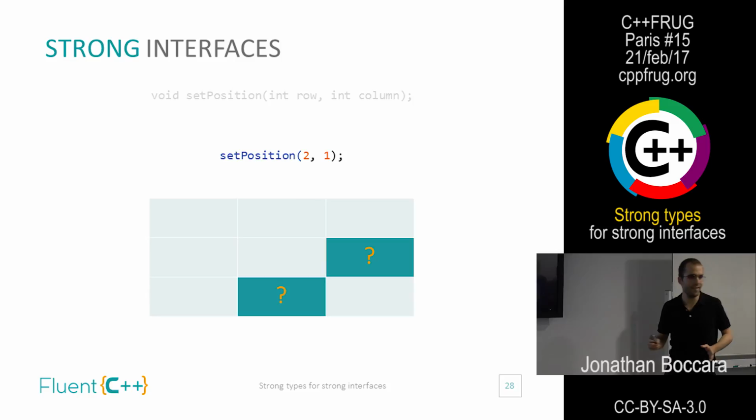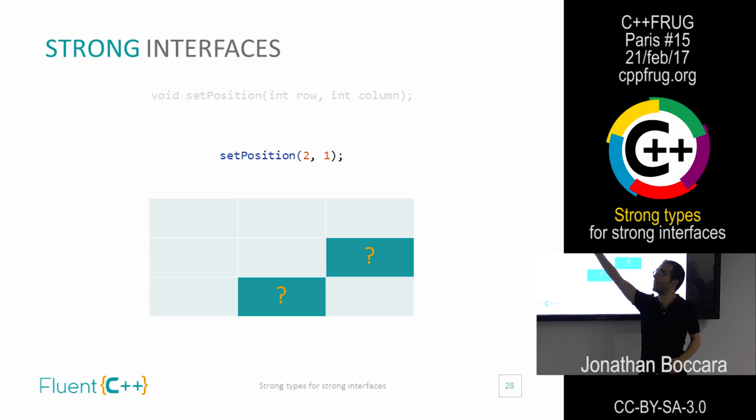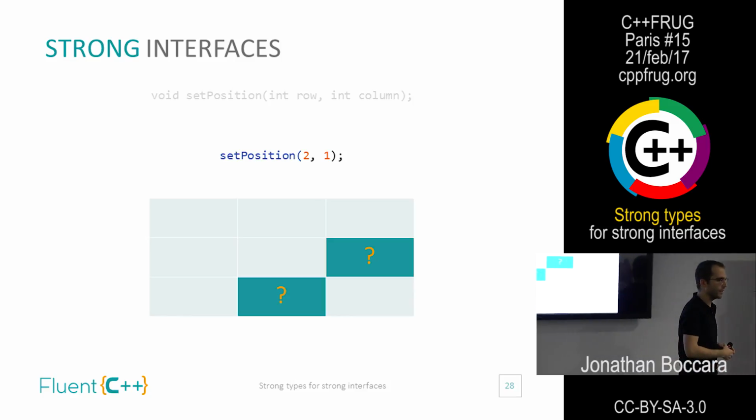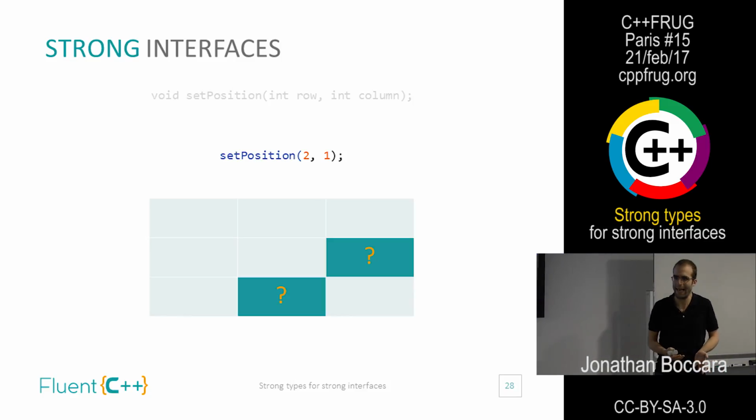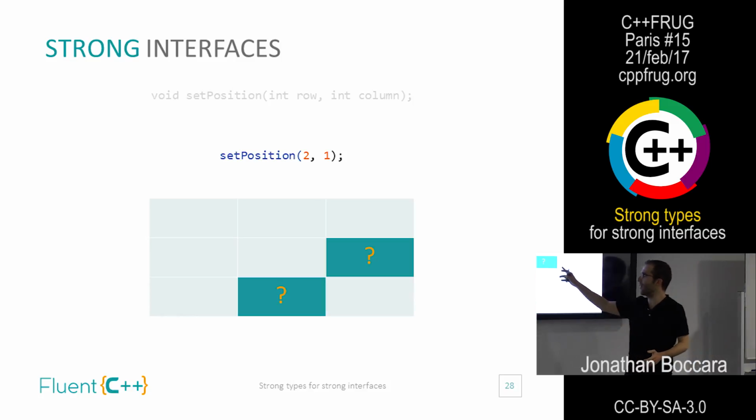I have the declaration somewhere, like in set position, which one's the row, which one's the column. It's somewhere. I can't find it. I can, but sometimes I get that wrong. Like when I write my code, I get that wrong. When I read code like that, I have no idea which one's the row, which one's the column. So I have no clue whether I'm there or there, which can be problematic.